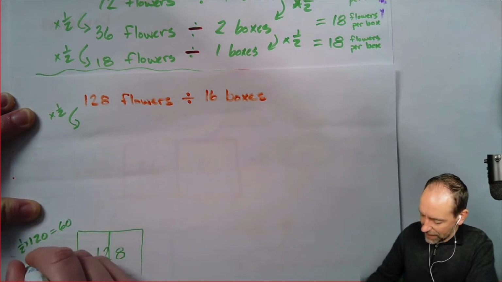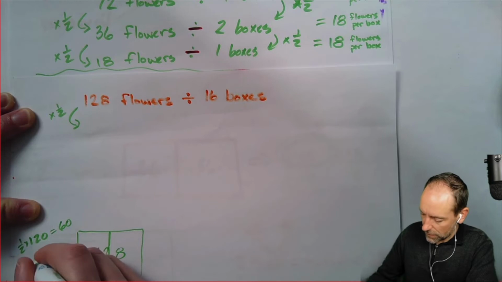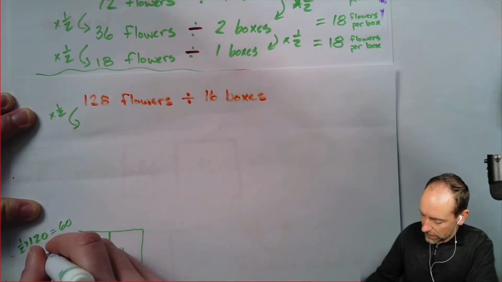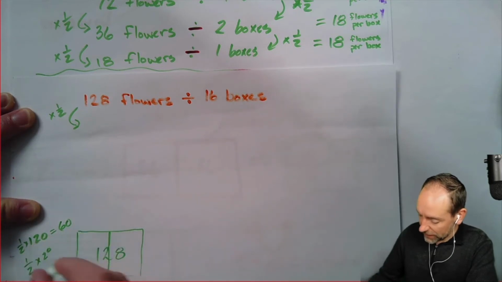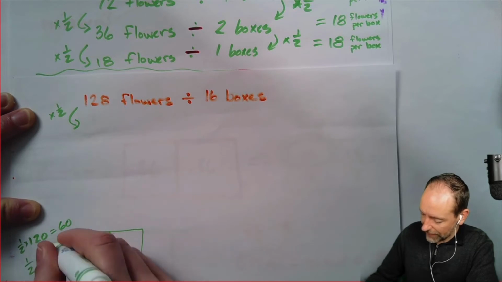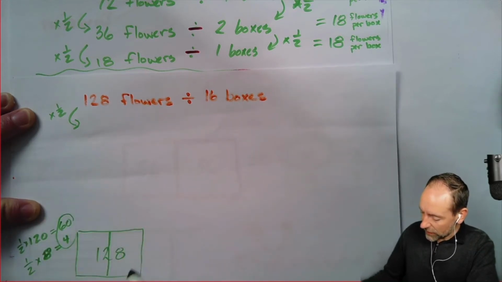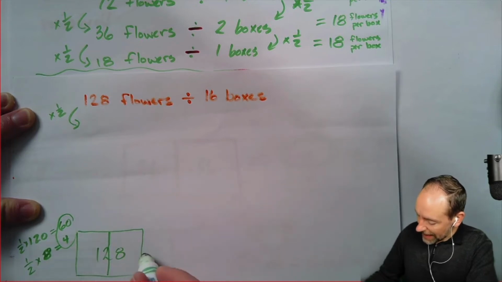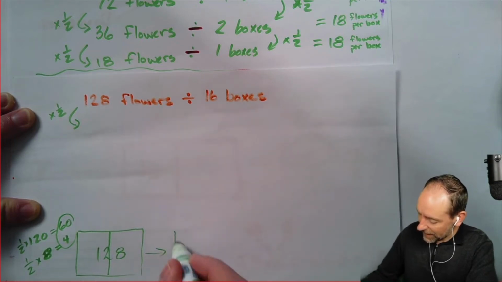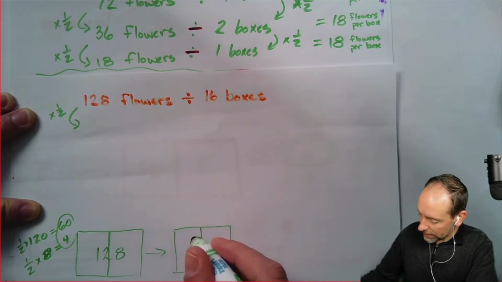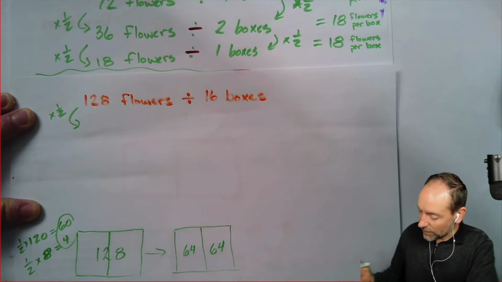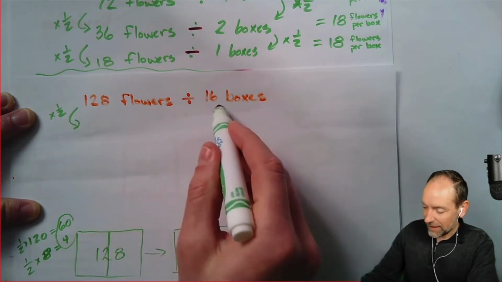And halving 8, oh, that's easy, 4. So when I halve it, it's the same thing as going, okay, I've got 2 chunks, and now it's 64 here and 64 here.